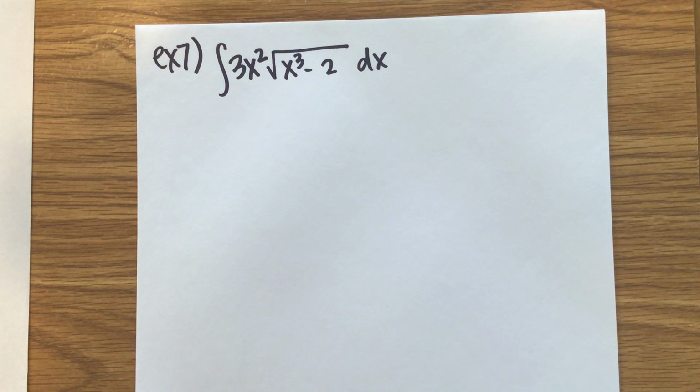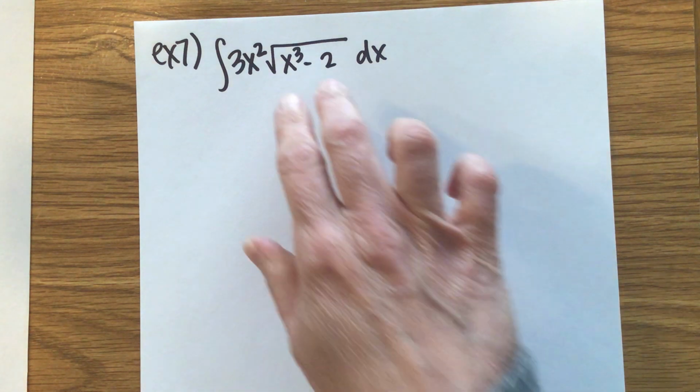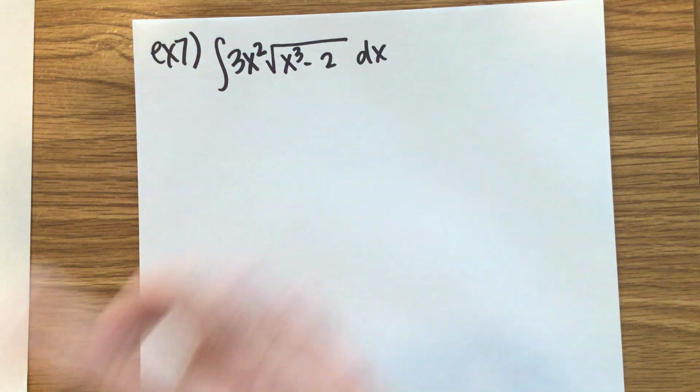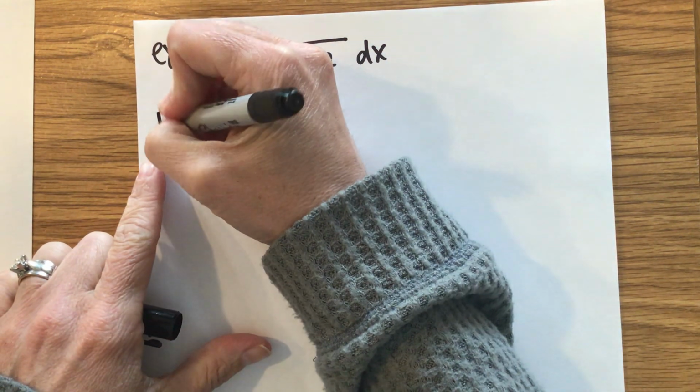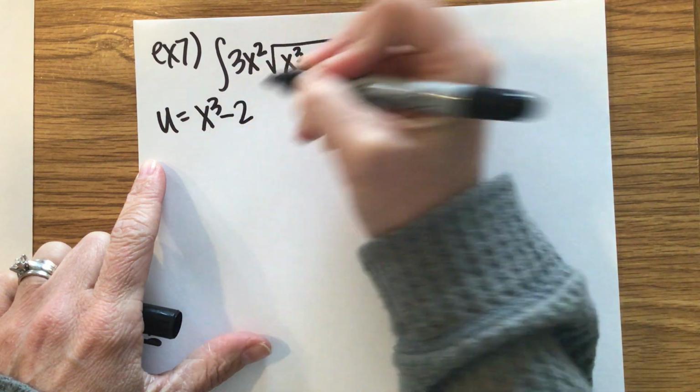And one of the things as I'm trying to choose what my u will be is I will often choose the thing or the expression underneath the square root or in the parentheses, something like that. And that will help us with our composite function, which is a function inside of another one. So with this one, I'm going to use u equals x cubed minus 2.